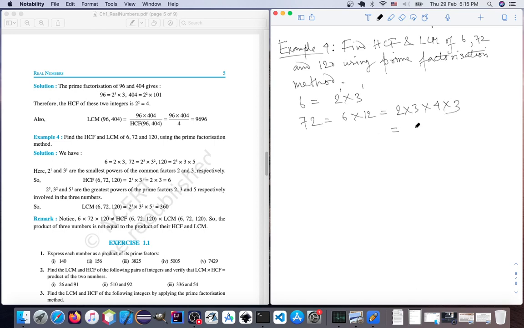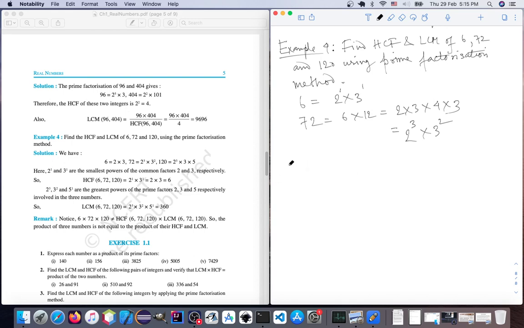Now, if we arrange the prime factors in ascending order and combine the similar prime factors with powers, we get 2 cube into 3 square.